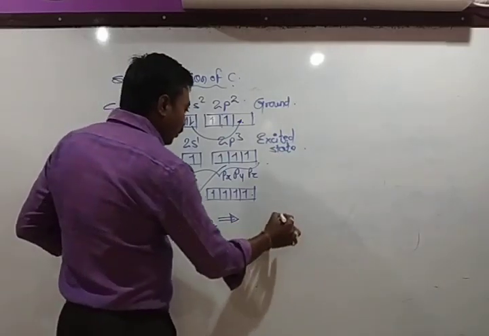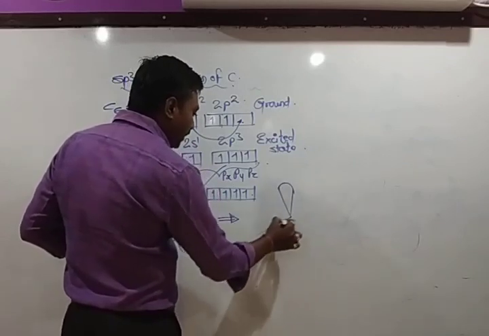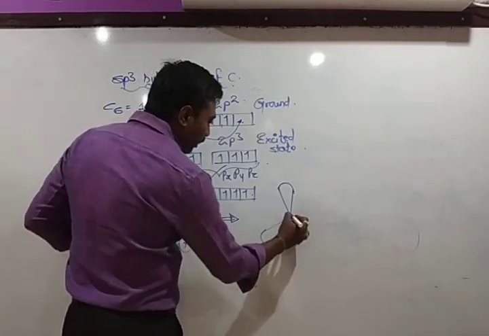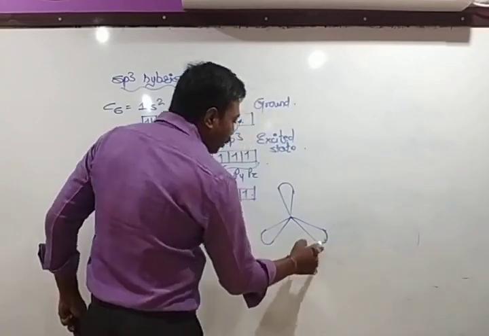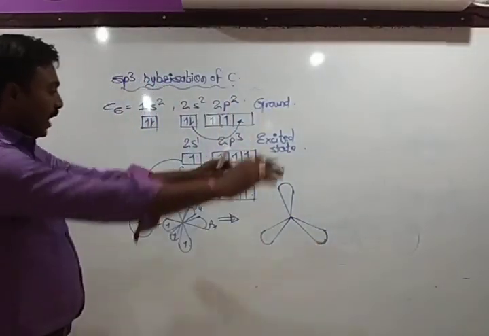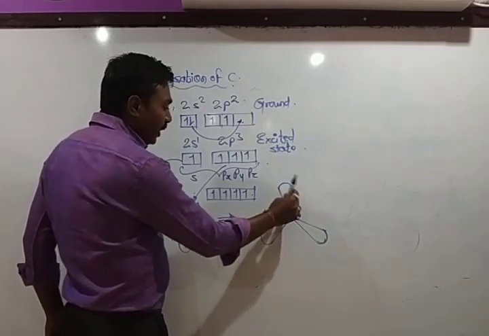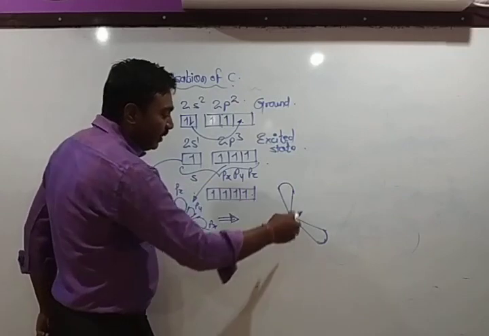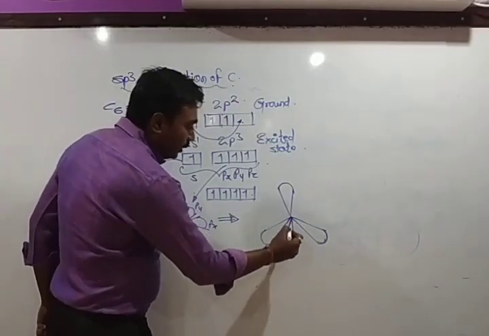Now for getting minimum energy, for getting a stable arrangement, the newly formed four orbitals are in the form of four lobes, and these lobes are at the maximum distance from each other. One is pointing upward, one is pointing in this direction, one in this direction, and the last one will be behind these two orbitals.